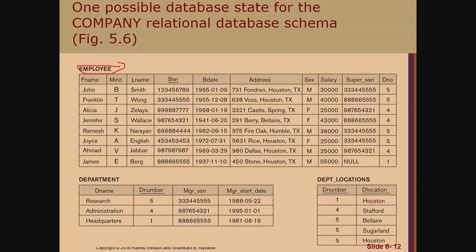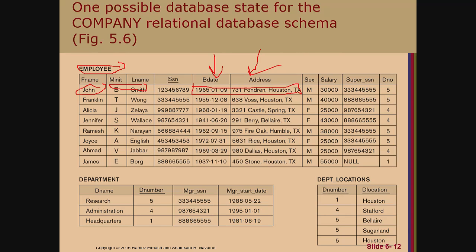Okay. Employee table. What do they want? Data of John Smith here. What do they want? Just birth date and address. Actually, the data they want is just here. So you don't have to show the whole of the data.